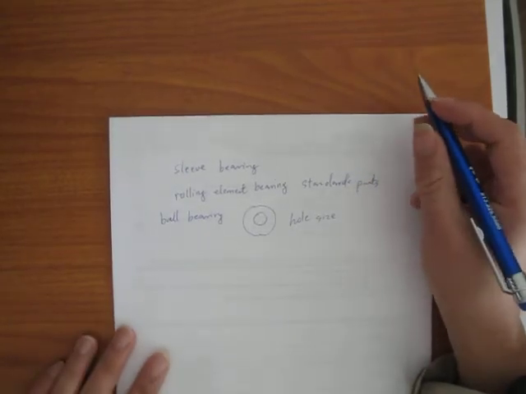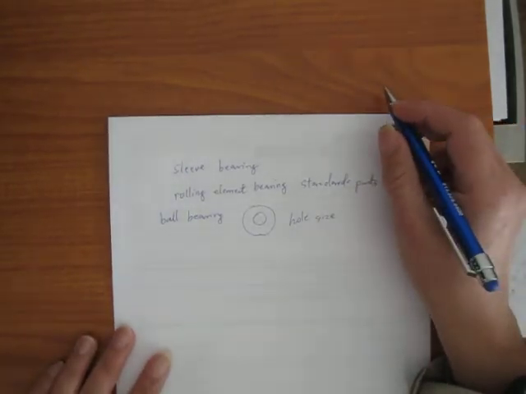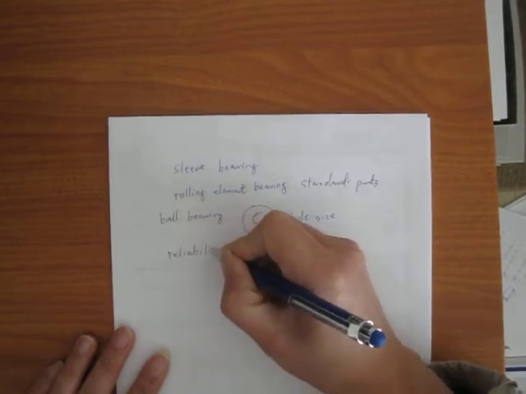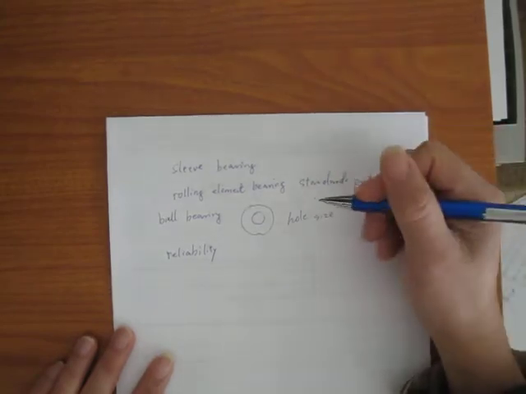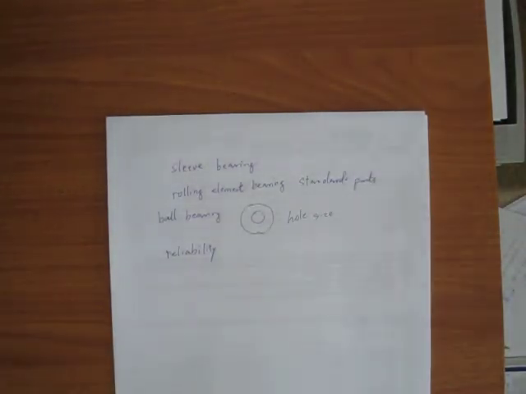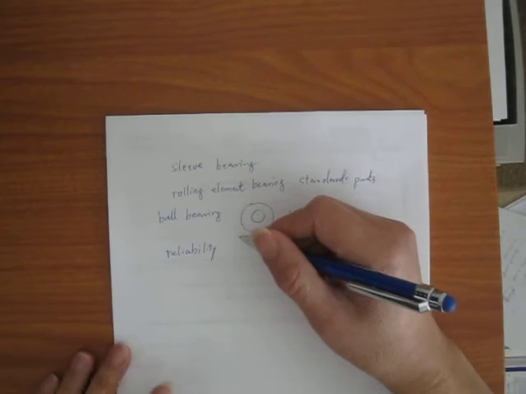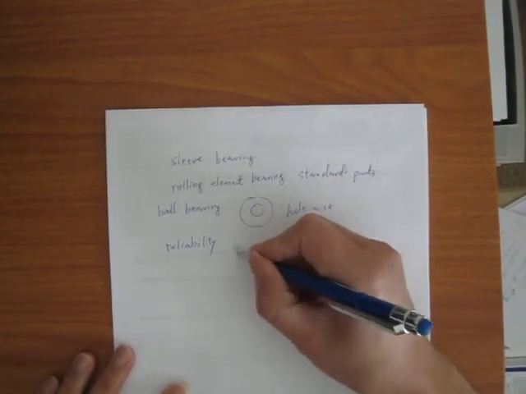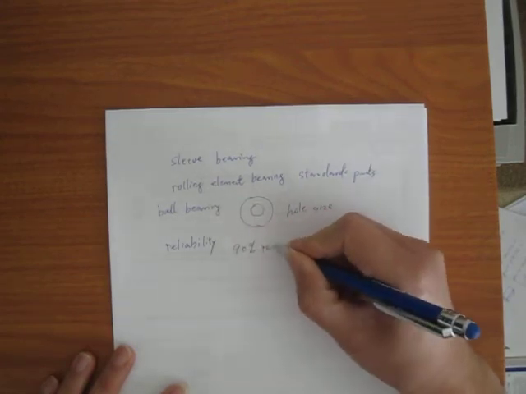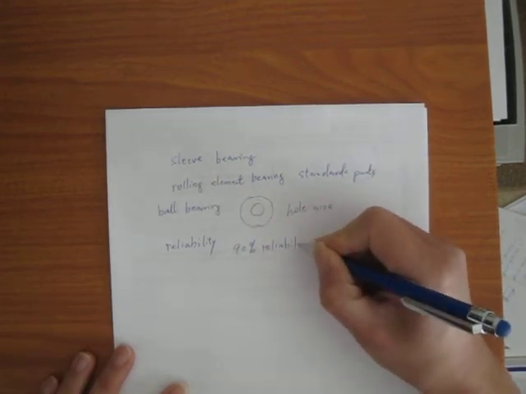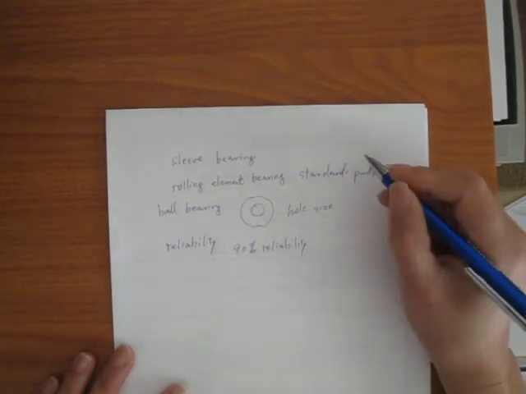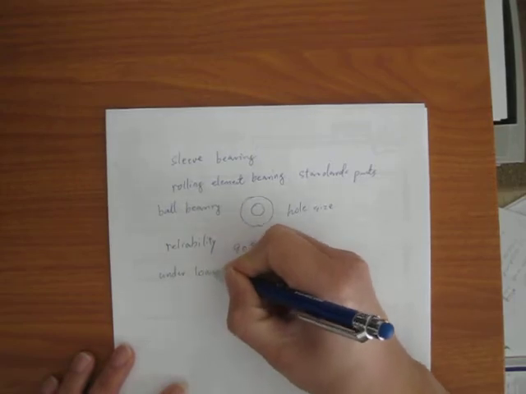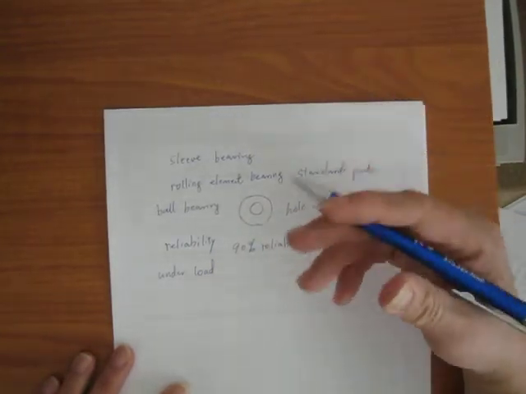That's another concept we need to study. It's called reliability. That's how we define reliability. We have a concept, for example, 90% reliability. This is a concept that under certain load, without talking about load, there's no sense talking about reliability.